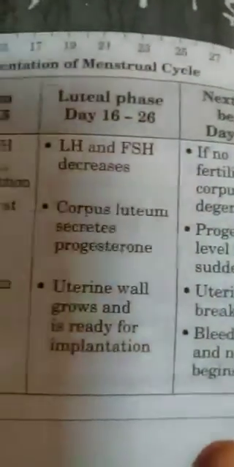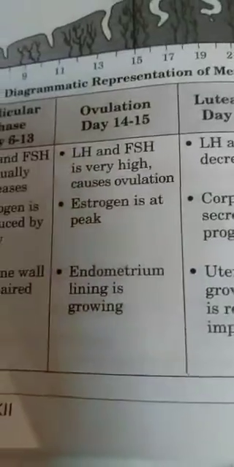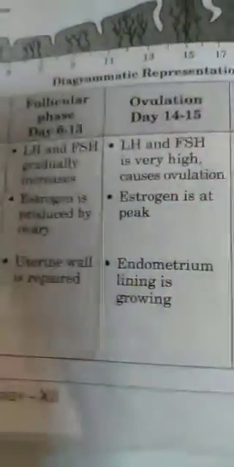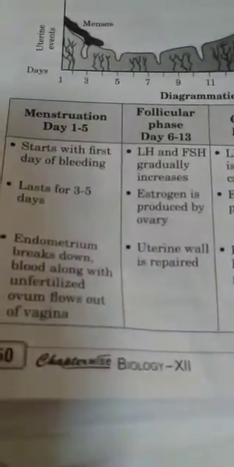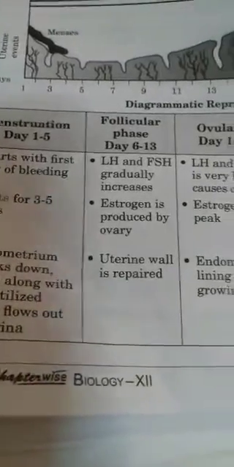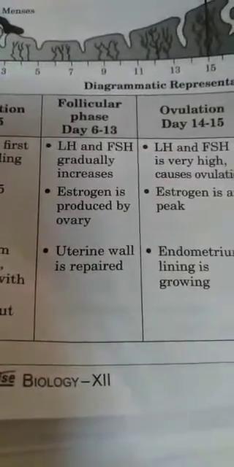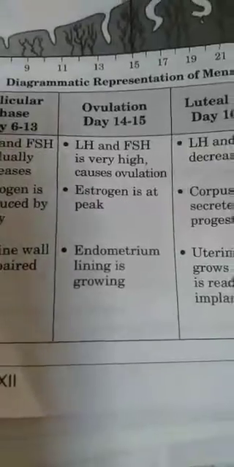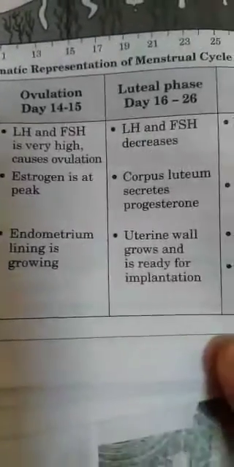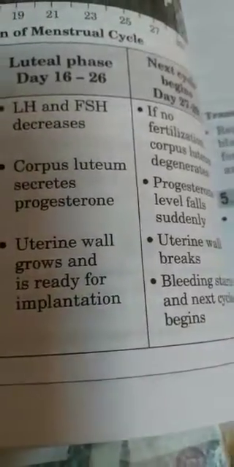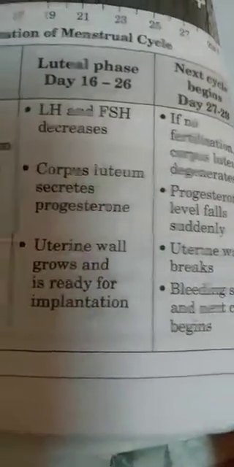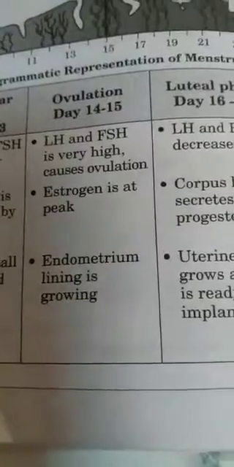So this is the menstrual cycle and its day-wise formation. The first phase, 1 to 5 days, is called the menstruation phase, then 6 to 13 is the follicular phase, 14 to 15 is ovulation, the luteal phase is 16 to 26, and then the next cycle begins from 27 to 29. So this is all about the menstrual cycle.